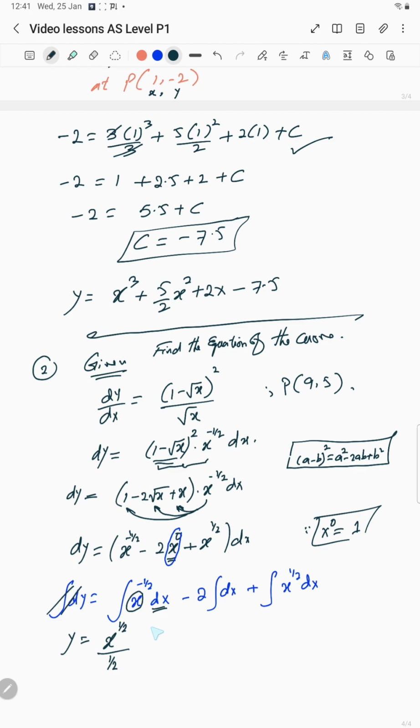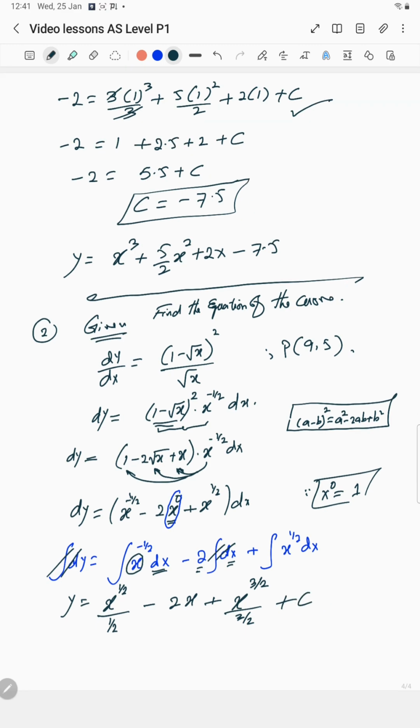Here divided by 1 by 2. Minus 2, this again goes, we get 2 and x left. Here add the power, it becomes 3 by 2 divided by 3 by 2, plus the constant of integration, that is c.